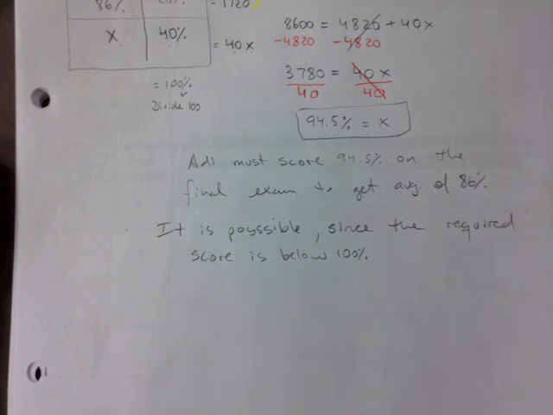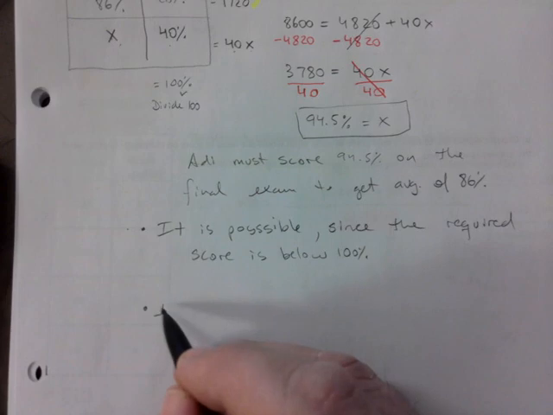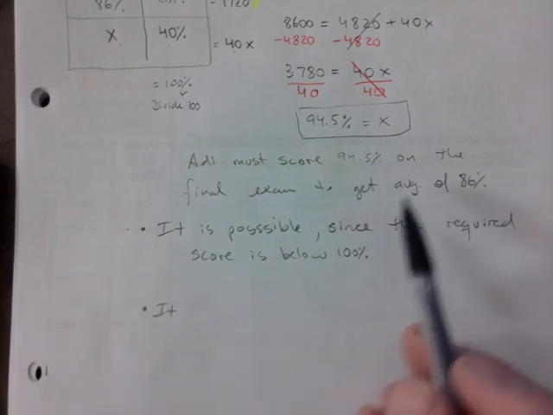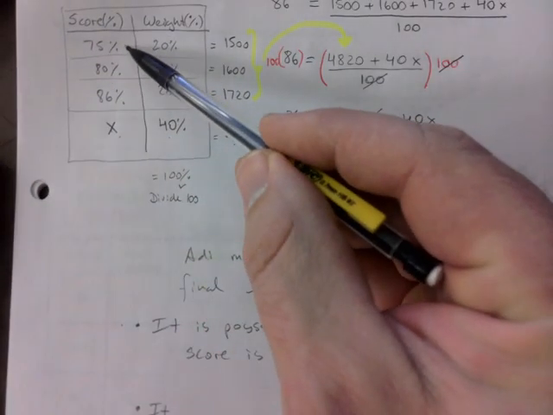So talking about possibility, you're just saying, hey, is it below 100 or is it exactly 100? Even if it would be exactly 100, it's still possible. Is it reasonable? Is it reasonable to expect a 94.5 given 70?